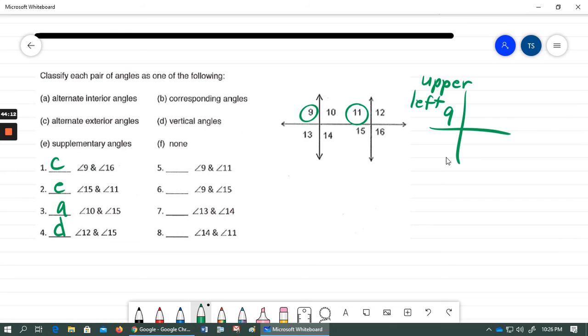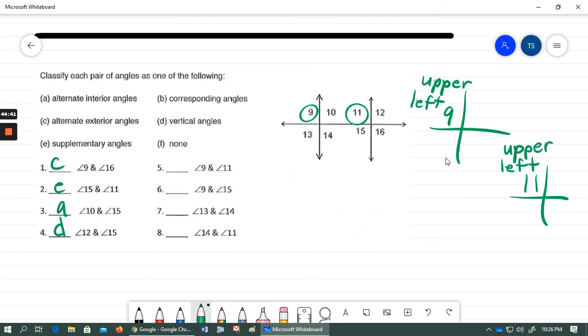Anyway, this one here would be like the upper left corner, right? And in the other set of angles that you see there, angle 11 is in that same position, in a matching or corresponding position. Upper left, matching position. So these are corresponding angles because they're in corresponding or matching positions.